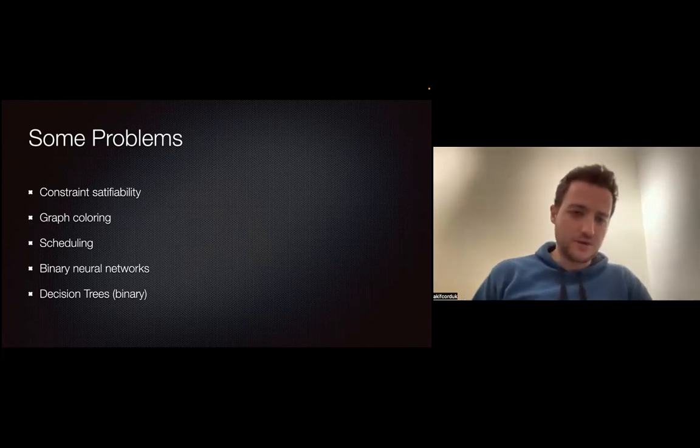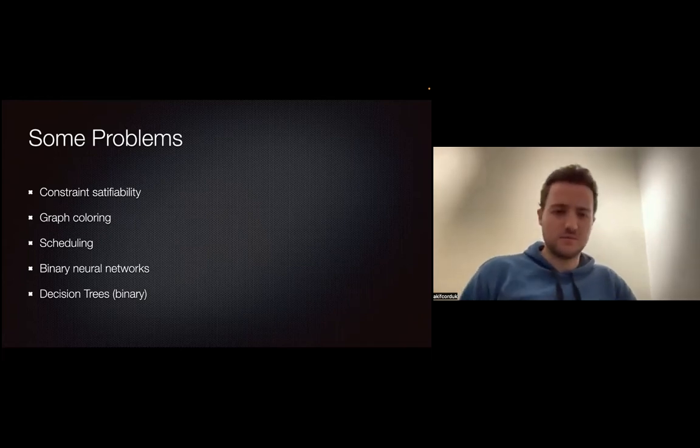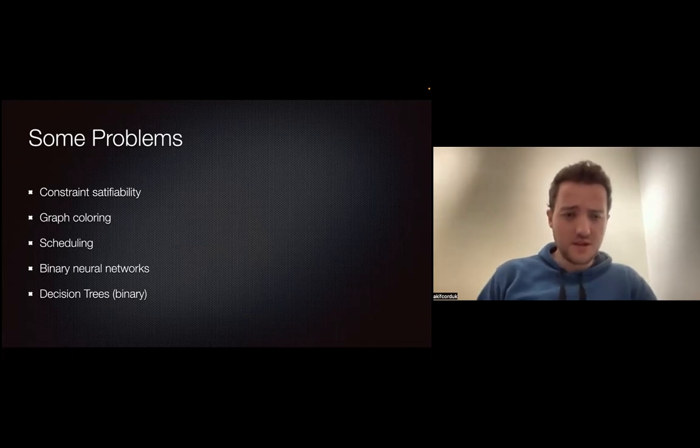So for scheduling types of problems, usually people use other approaches such as MIP solvers or heuristic-based scheduling solvers that are specialized for them.